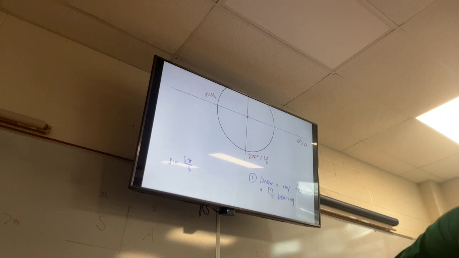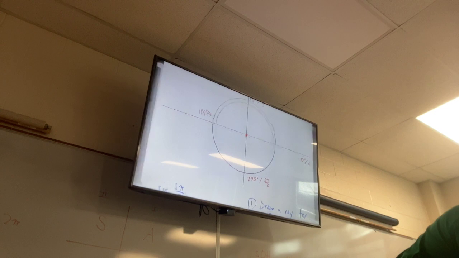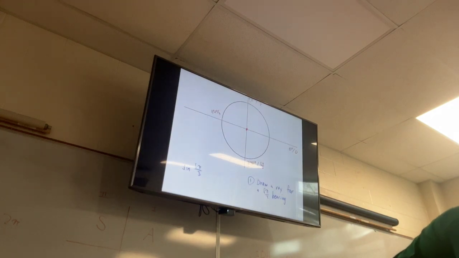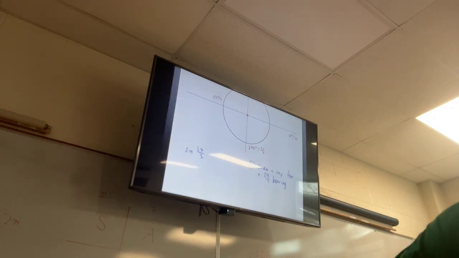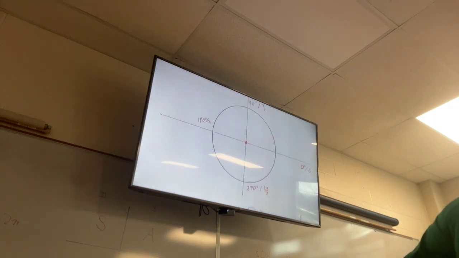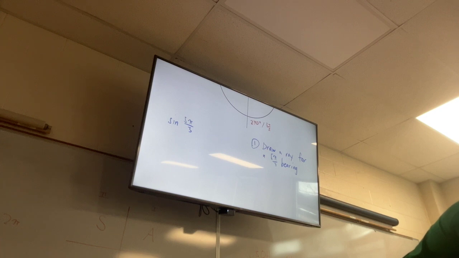So let's do that together. You can do this 2 ways. You can convert it to degrees first, or as you get better with radians, you're going to be able to draw it without converting it to degrees.